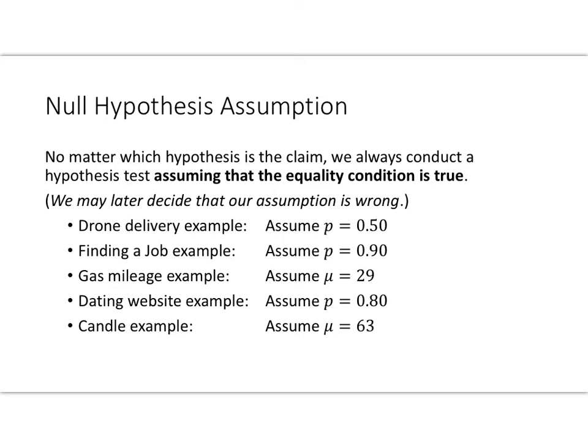So these would be what you would see in those examples that we just did. So no matter which hypothesis is the claim, we always conduct a hypothesis test assuming that the equality condition is true, meaning we always test the null hypothesis. We may later decide that our assumption is wrong, and we'll see that as we start testing hypotheses in 8.2 and 8.3.